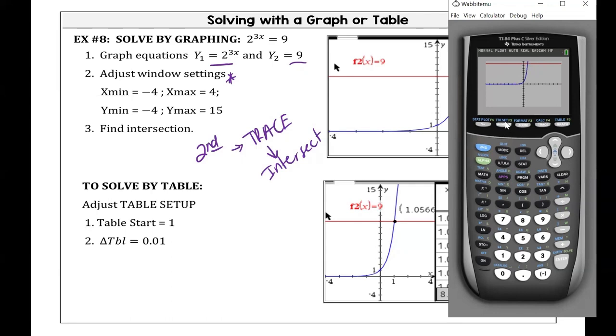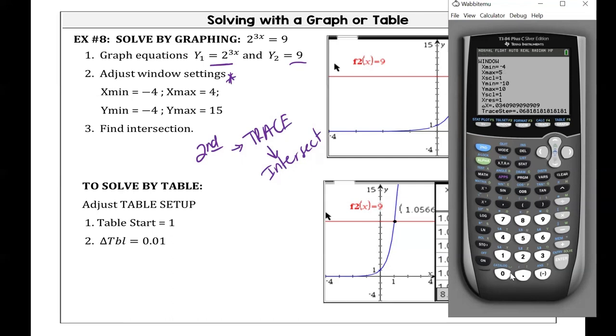If I couldn't, or if I want to zoom in more, I'm going to go to window and say, okay, I want to be able to zoom in a little more. So instead of going all the way to -10, let's go to -4. I know that x has to be less than 4, but we can make it 5. Count by 1.